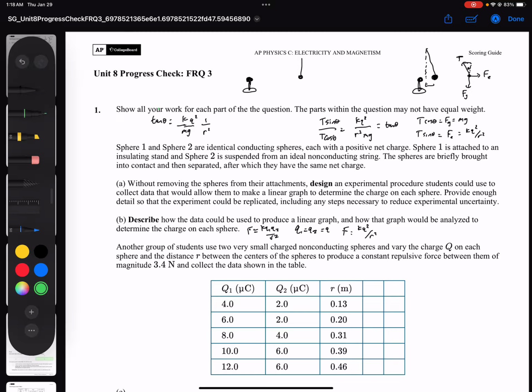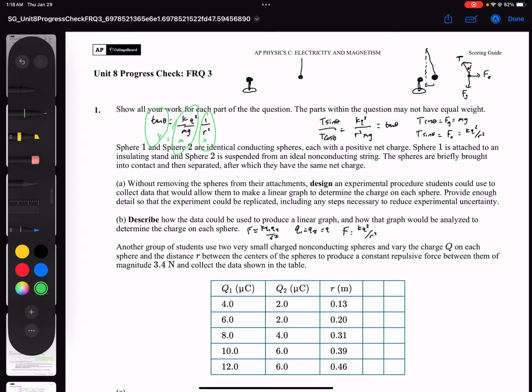So that's basically what I would plot, right? So that's our dependent variable, this is our independent variable, and then this is our slope. All right, so I'll put tan theta on the vertical, 1 over r squared on the horizontal. Then my slope is going to equal K Q squared over mg.